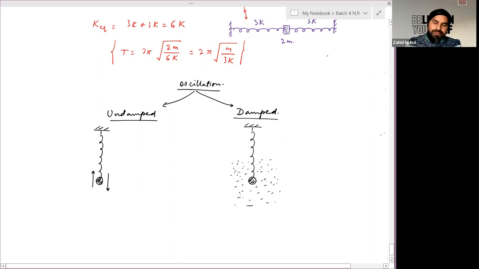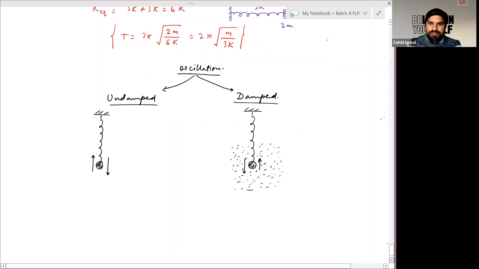And due to this opposition, the amplitude will gradually decrease exponentially and finally it will come to rest in some time. So this is called damped oscillation, in which the amplitude of oscillation continuously decreases.